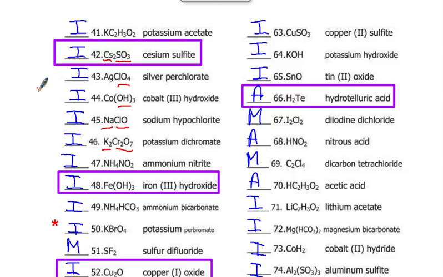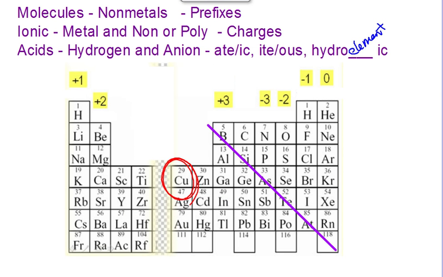But, like we mentioned, the difference between this answer with cesium and this one with iron is their placement on the periodic table is very different. Let's go back to that periodic table I had. So cesium's in the +1 column. Cesium's always a +1. Iron is actually here in this weird blob that kind of got caught up. But iron's in that area where they can change, and we don't know its charge.